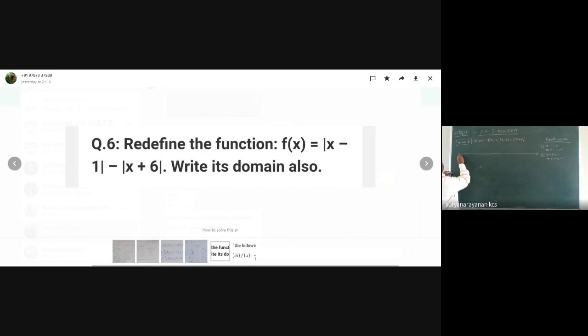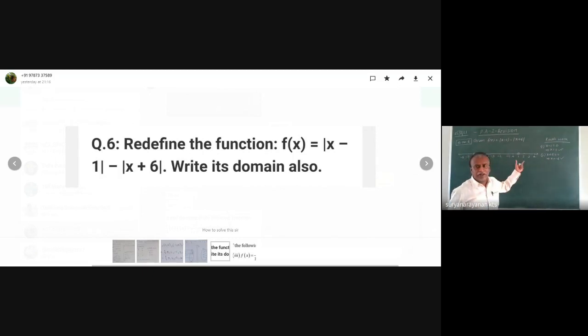On this number line, I will mark these two numbers.